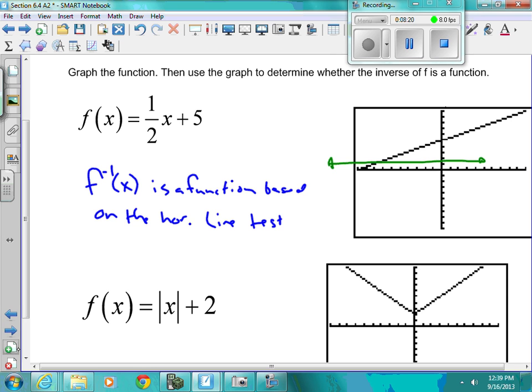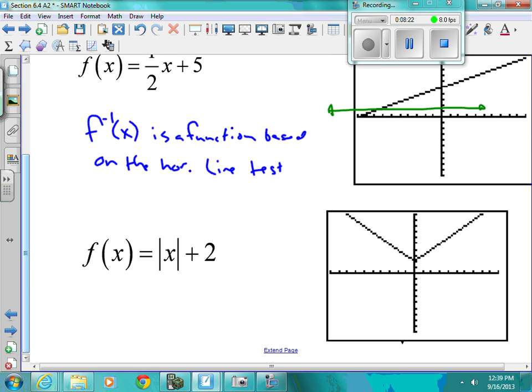How about this one? Absolute value function. If you want to do an absolute value function, you hit math and go over to the number. It says ABS. You click on that. It lets you put the absolute value bars in. Let's take our line and move it down here. Right off the bat, I can see it crosses in more than one spot. The only spot it actually passes is right at the vertex.